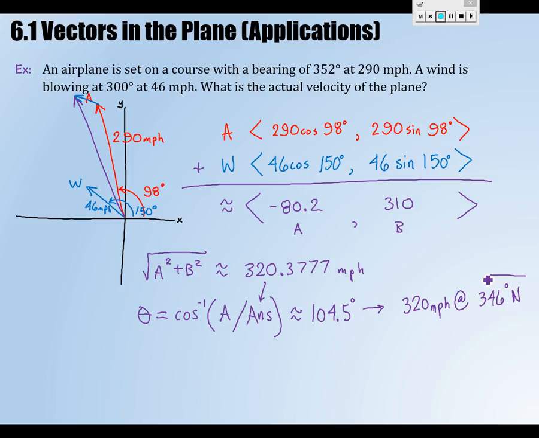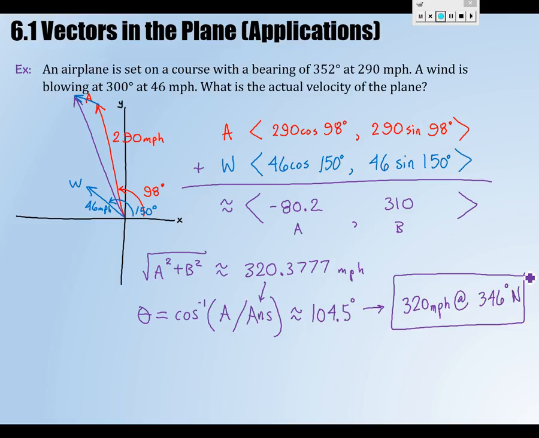So with 3 sig figs, I might say the plane is going 320 miles per hour at 346 degrees from north. Is that cool? As a bearing, like I'm trying to make this clear. This is a bearing from north. If you want standard position, we did that too. But there it is. Does that make sense?